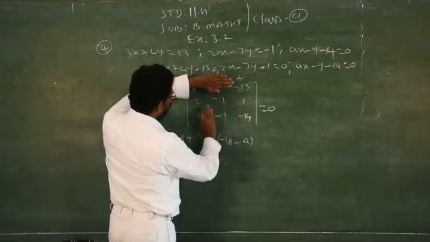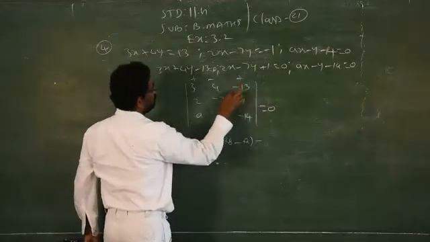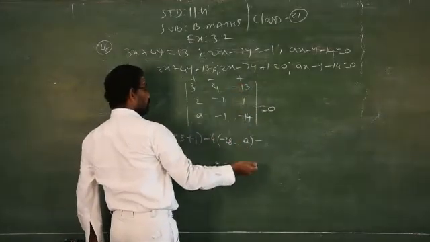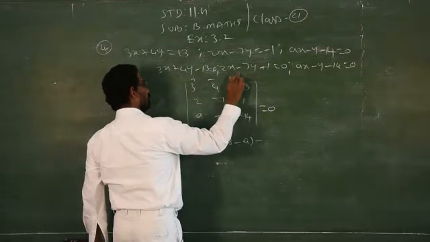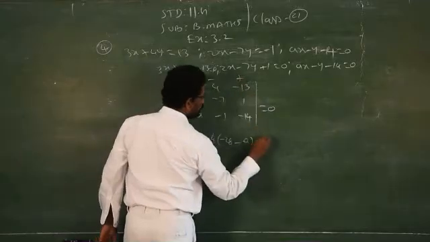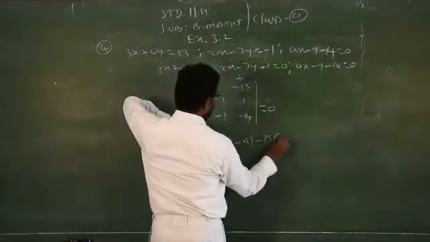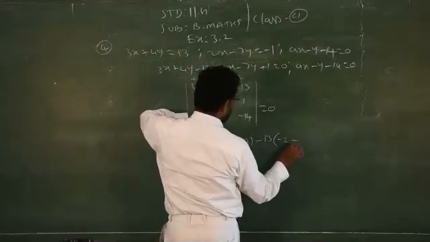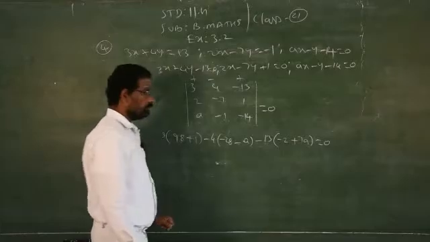Minus 28, a into 1, 1a. Minus, plus into minus. When you go for the next term, multiply the formula sign with the sign already given in that question. Plus into minus, minus 13 of, leave the rows and columns, minus 2. Minus into minus, that is plus 7a is equal to 0.